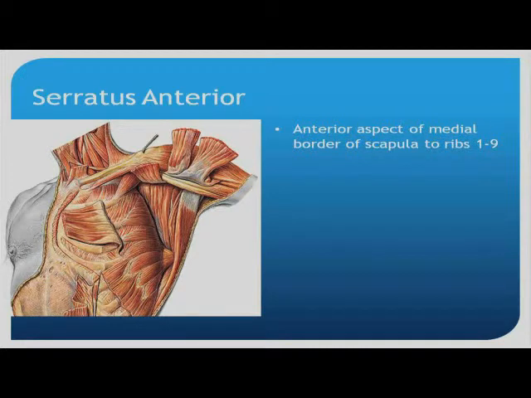Serratus anterior is a big muscle that we don't necessarily think about a whole lot. It attaches to the anterior aspect of the medial border of the scapula, so all the way back on the underneath surface of the scapula, and then ribs 1 through 9. So you're directly attaching that scapula to the rib cage, again demonstrating how anatomic problems with the ribs can affect upper extremity pain.